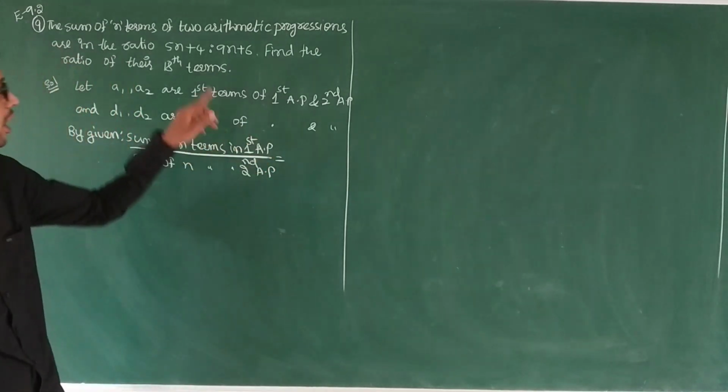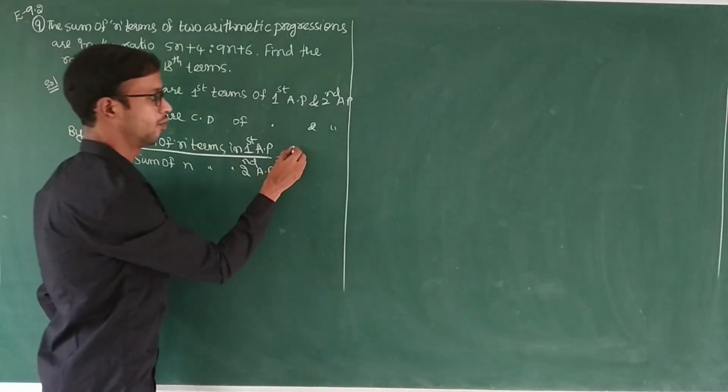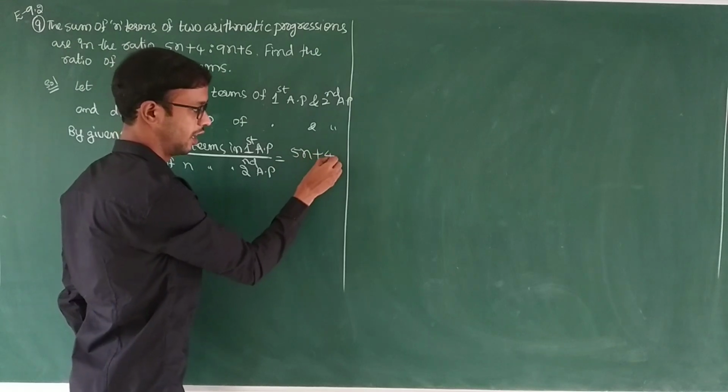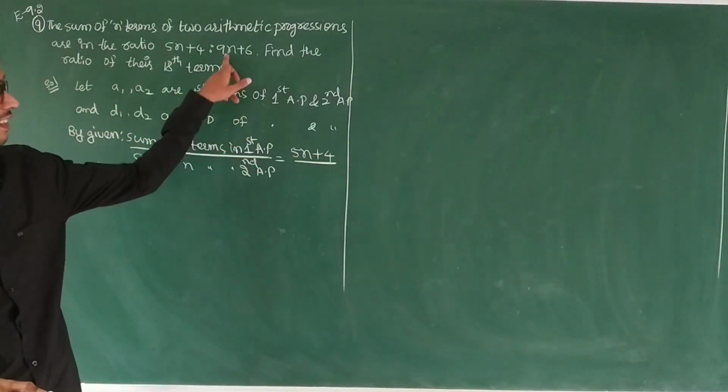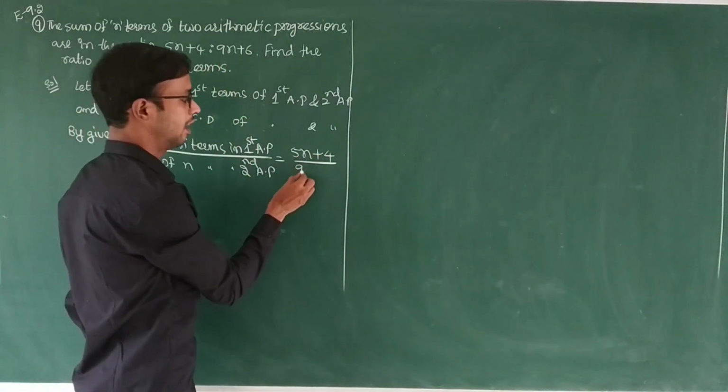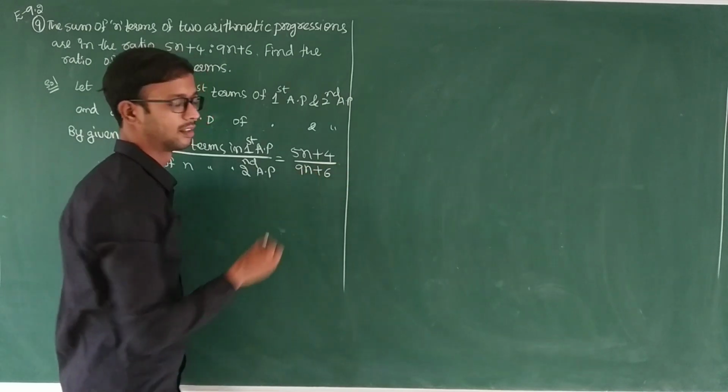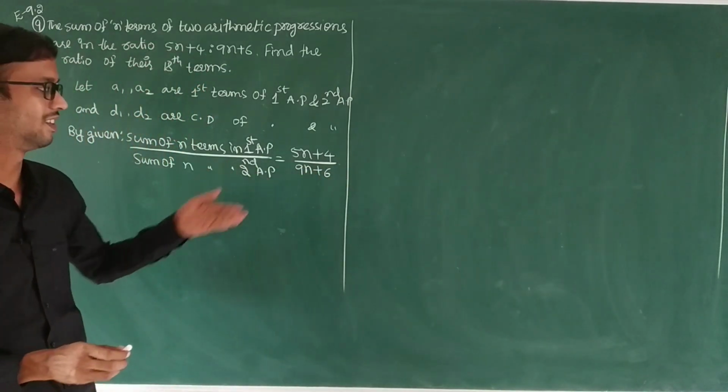What is the ratio here? 5n plus 4, first one divided by second one, 9n plus 6.